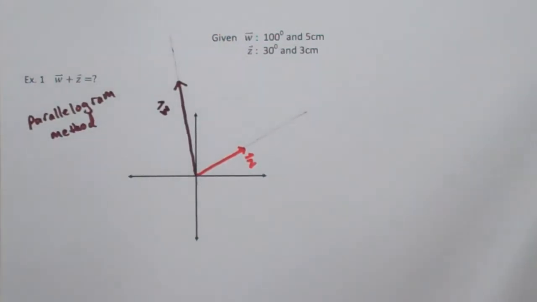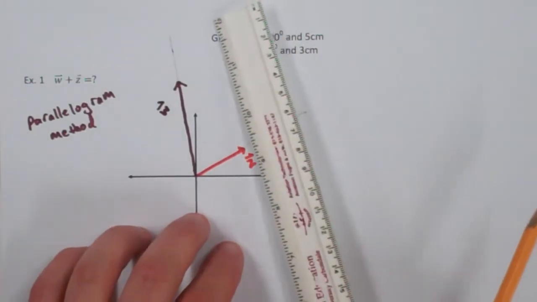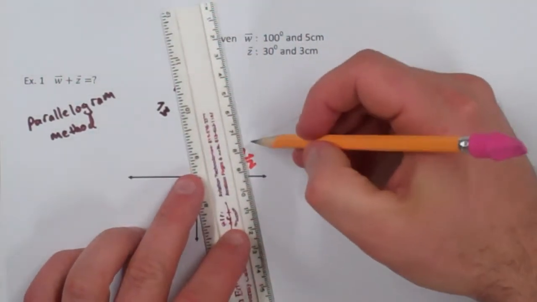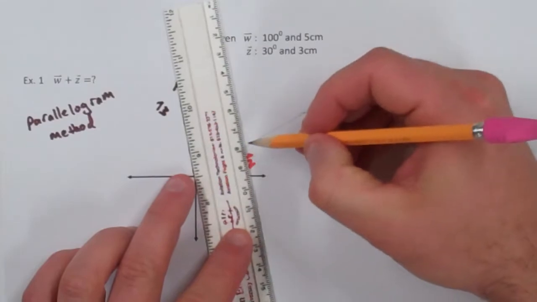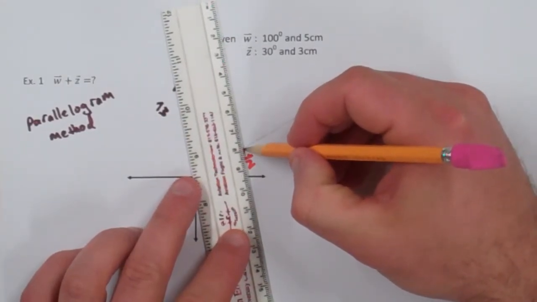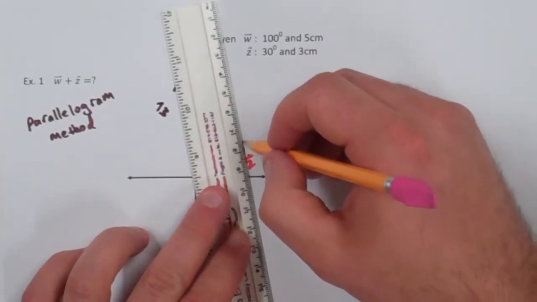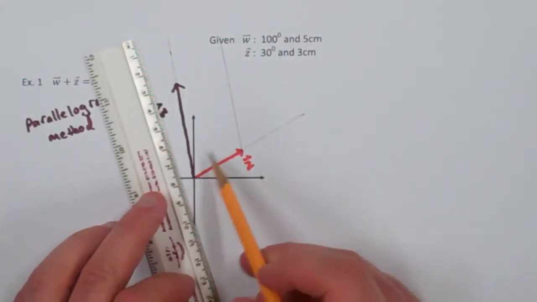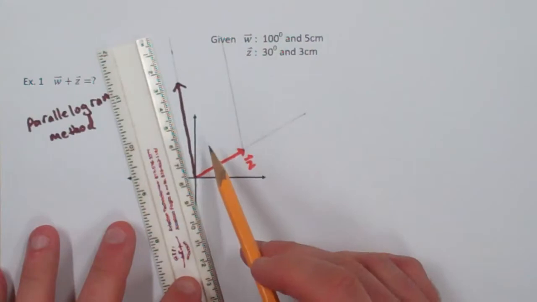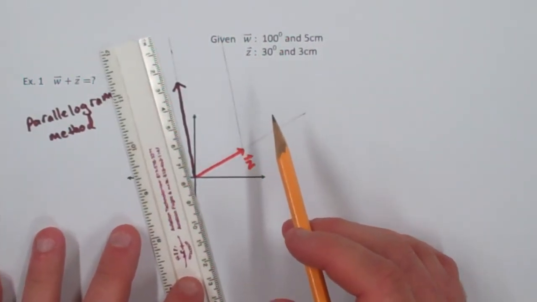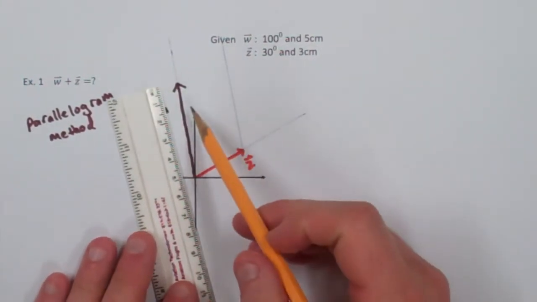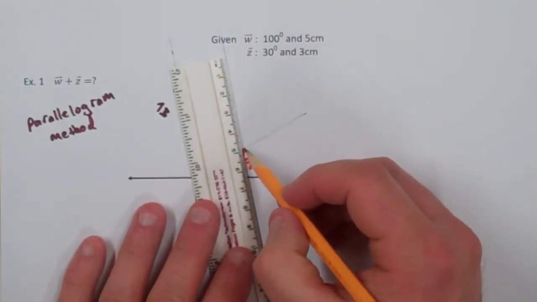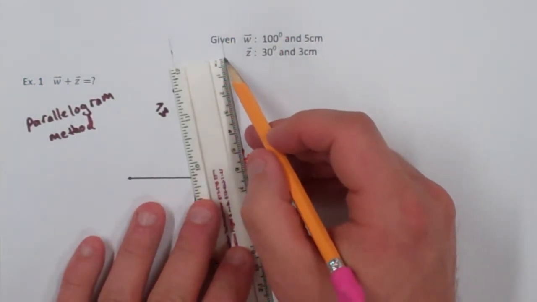If you remember from your geometry work, when we produce this parallelogram, and again I'll try to do this with a pencil and just darken it in with the Sharpie, we need to make sure that not only are opposite sides parallel, but opposite sides are also congruent. We measured this one at 5 centimeters, and we're going to do the exact same thing here.